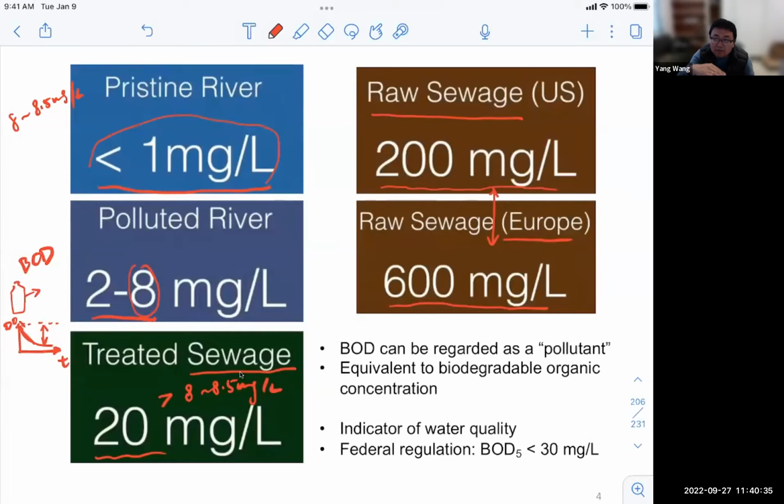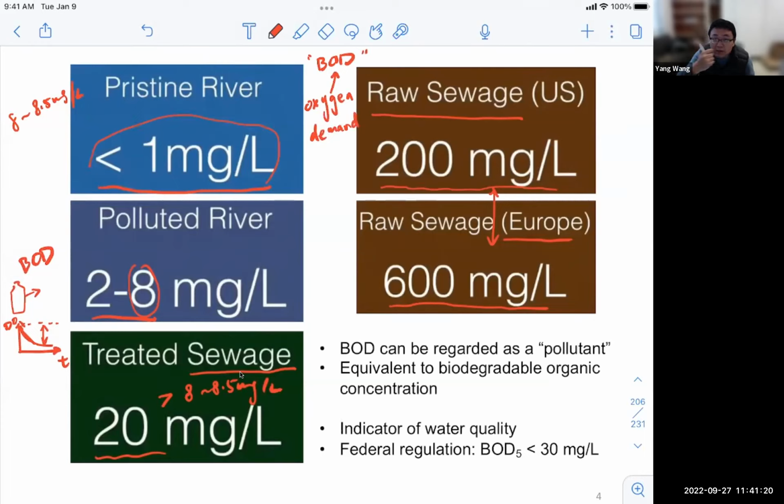So from these values, you can see that the BOD, when we talk about that, you can treat it as a pollutant, although there isn't such a pollutant called oxygen demand. If you go back to the name, this is oxygen demand. It's different from, let's say, the heavy metals, for example, arsenic or mercury.